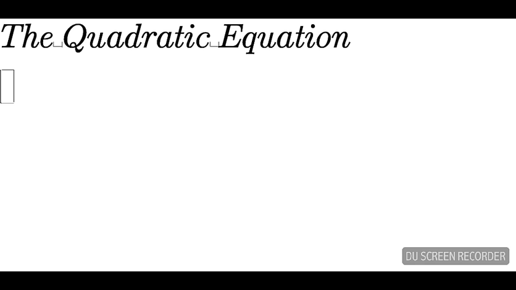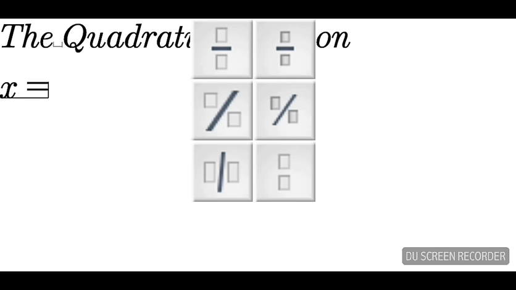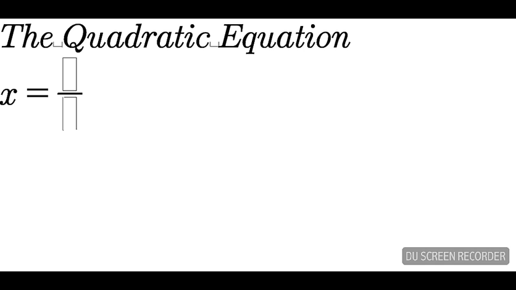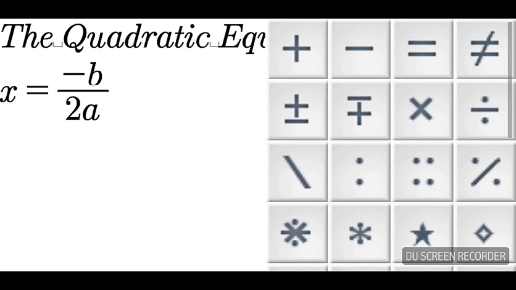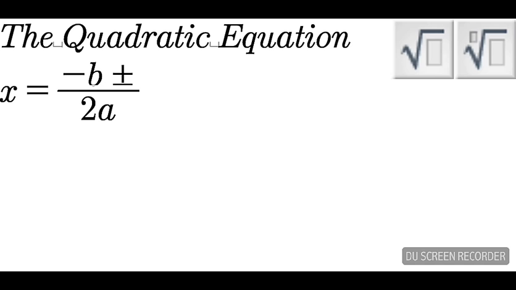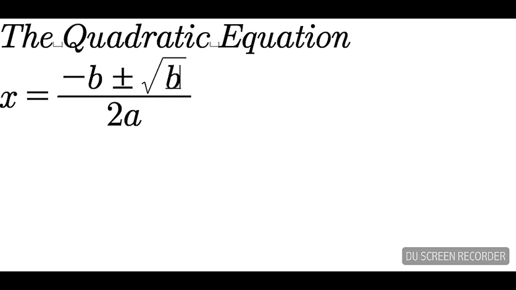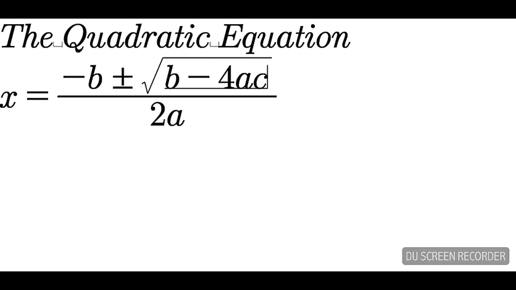The quadratic formula gives us x equals the negative of b, that is minus b, plus or minus the square root of b squared minus 4ac.